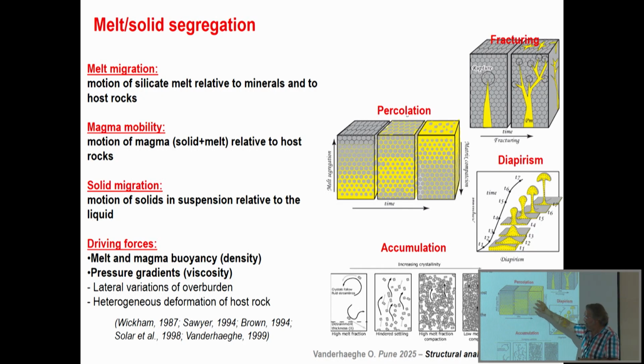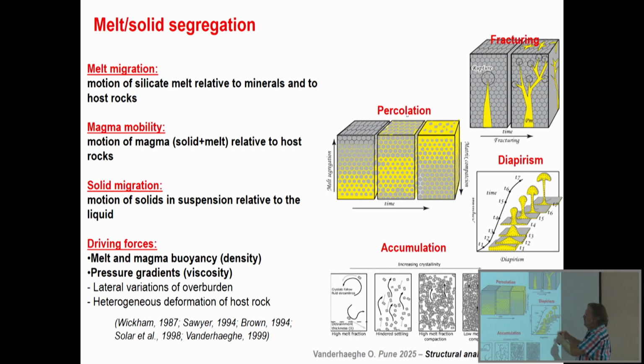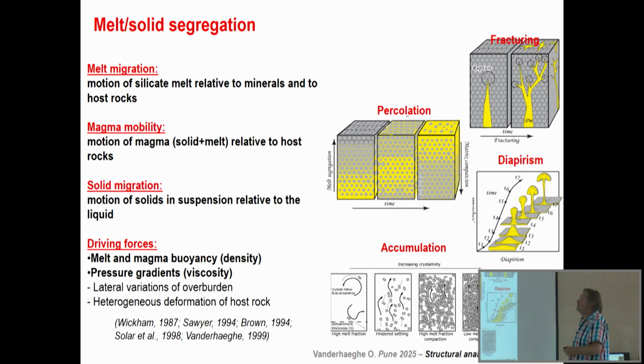Segregation by percolation is happening probably at the place of melting. And then there is also the in-mass motion of magma by diapirism, which is driven by gravitational instability. And the crystals might accumulate in the magma. So all these are the processes and forces that can control melt solid segregation.